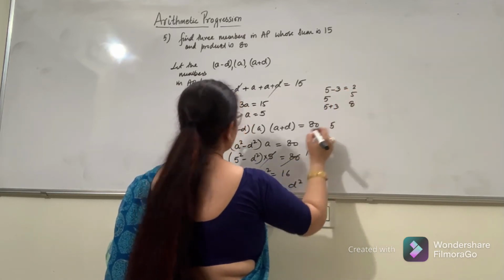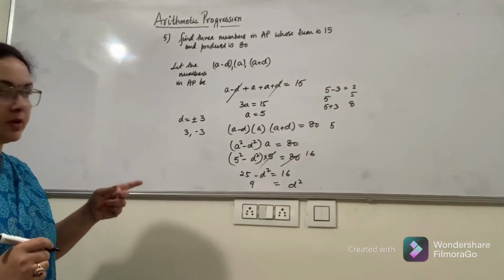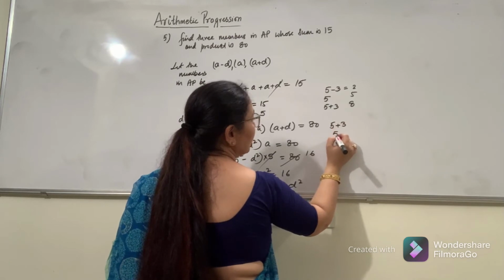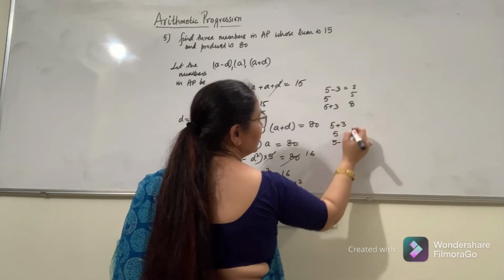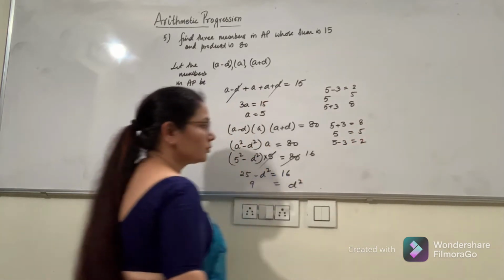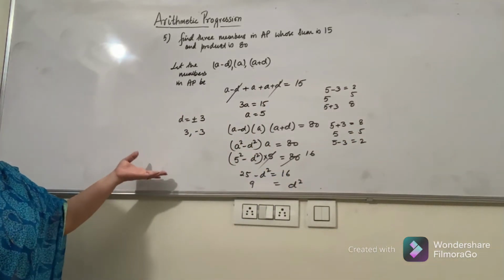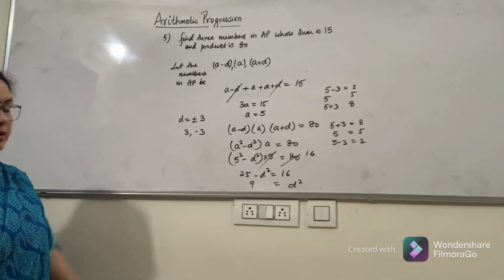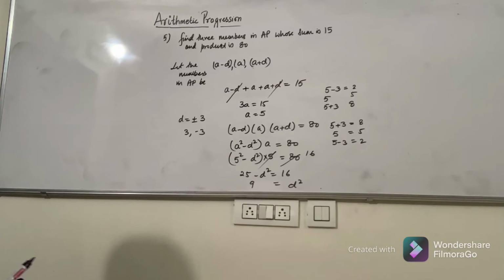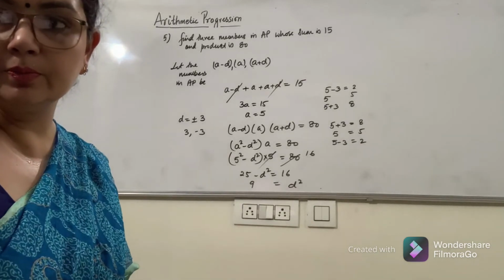And if I take d as minus 3, then minus minus plus, we get 8, 5 and 2. So these are the terms in AP. There are two answers. So pause the video to note it down.